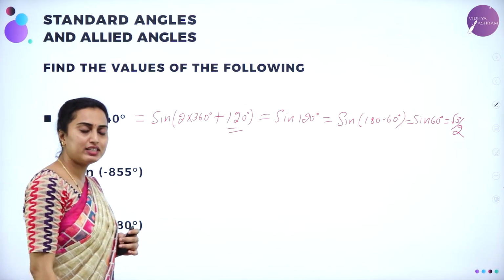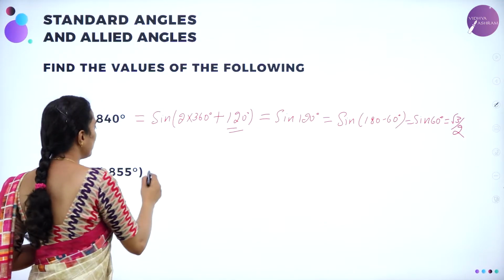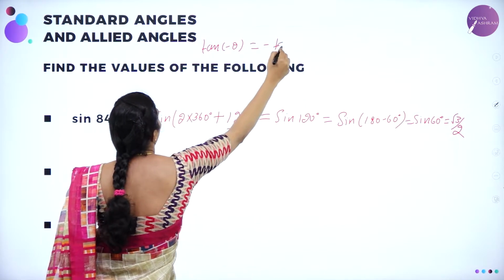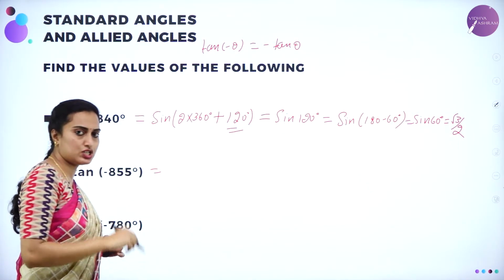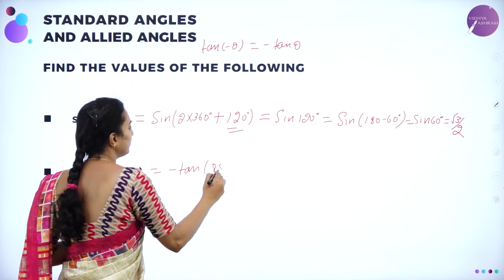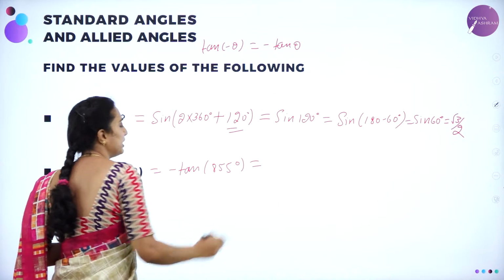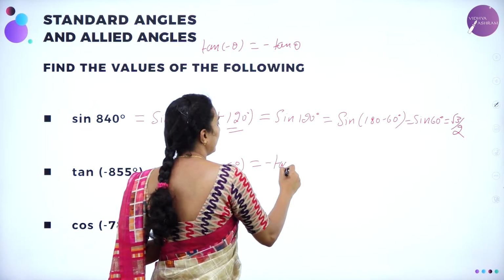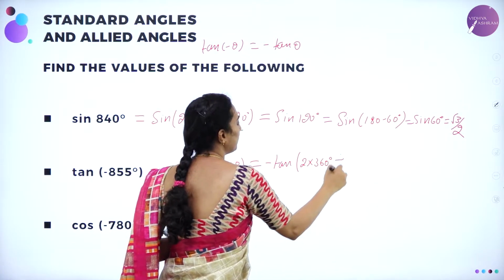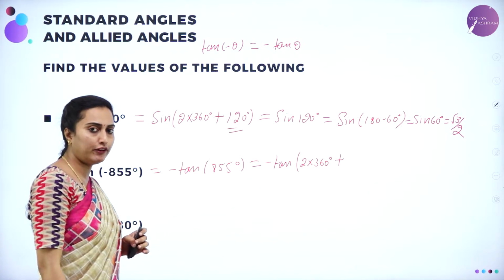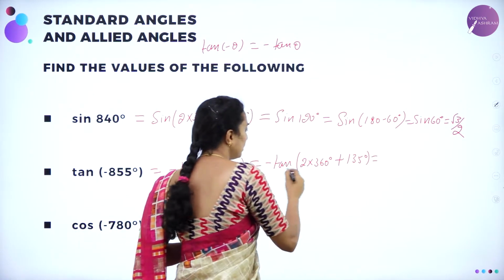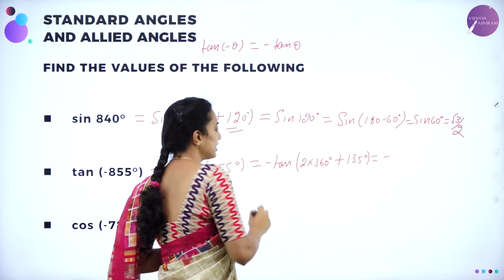Tan of minus 855 degree. You know, dear students, tan of minus theta is always minus tan theta, as we have explained in the first slide of this session. So, here minus tan 855 degree. This is equal to minus tan of 855 degree, which can be written as 2 into 360, which is 720, plus how much you need to add to become 855? 135. So, 135 degree, and the minus sign is there as it is.